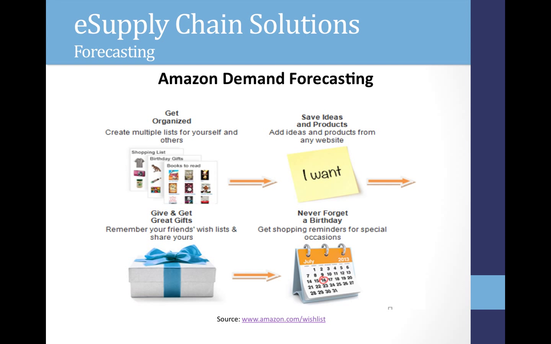These days, some online retailers are not using point of sale data because they think that it is about the previous data and historical data. They use the information they get from customer behavior. Amazon is one of those online retailers which uses a feature on its website called the wish list.